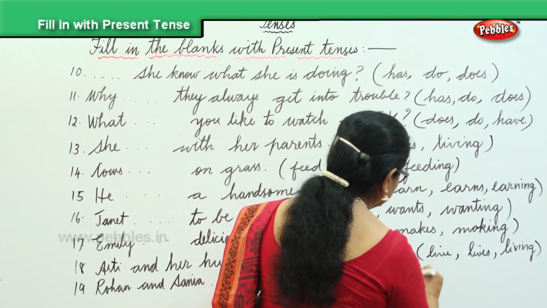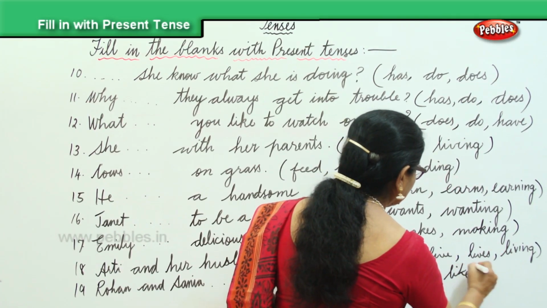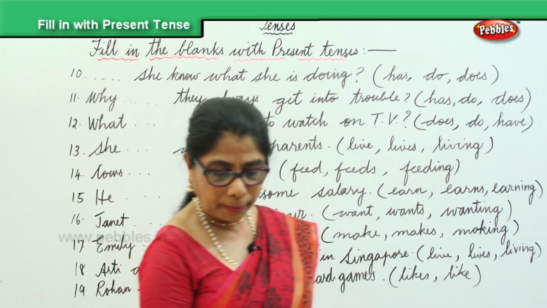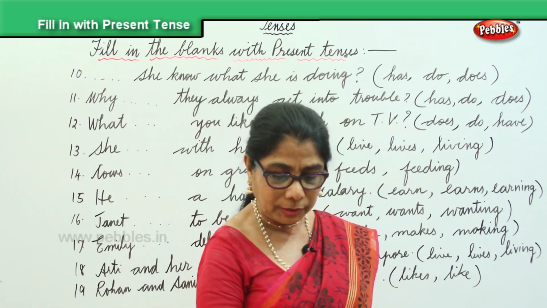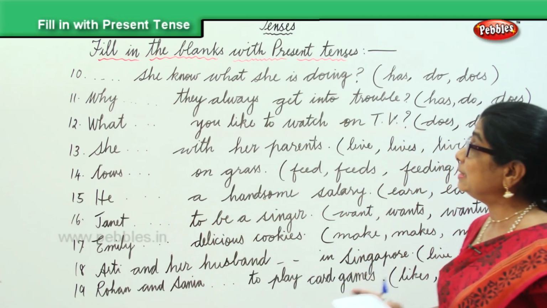Have, likes and like to choose from. So I have got 9 sentences for you to practice present tense.